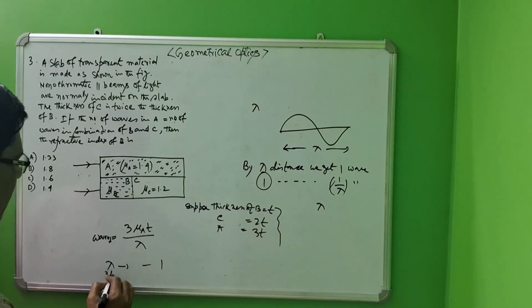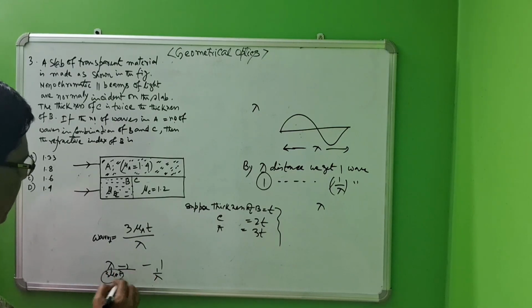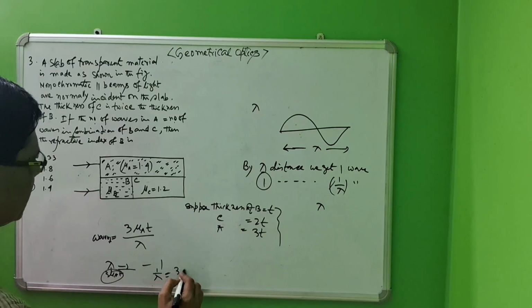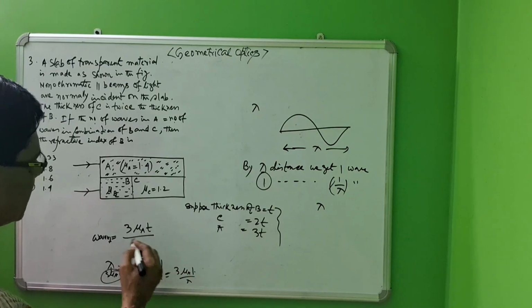So for 3 mu A T distance we get 3 mu A T upon lambda.